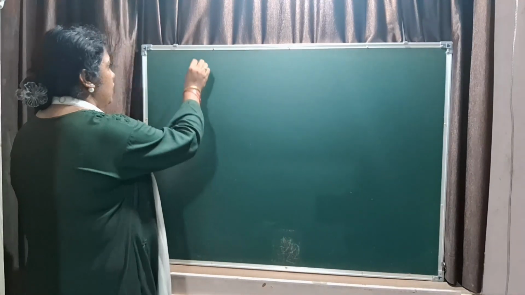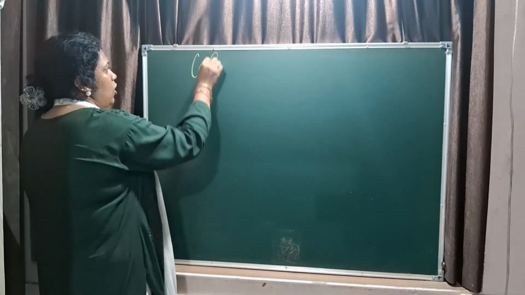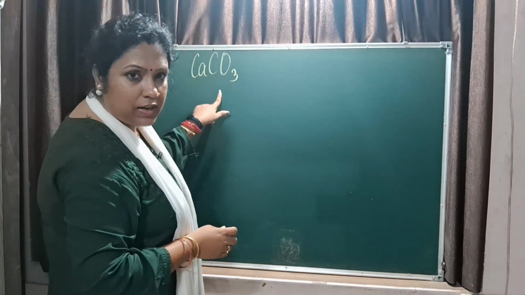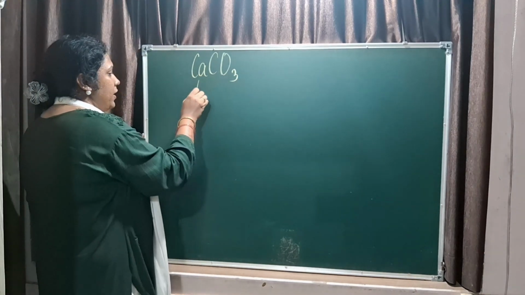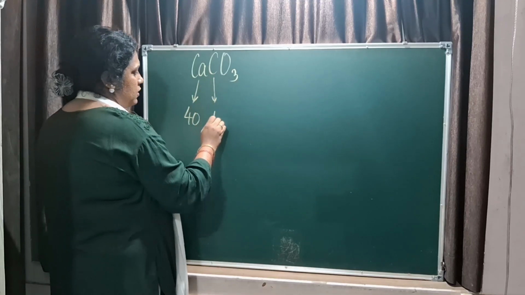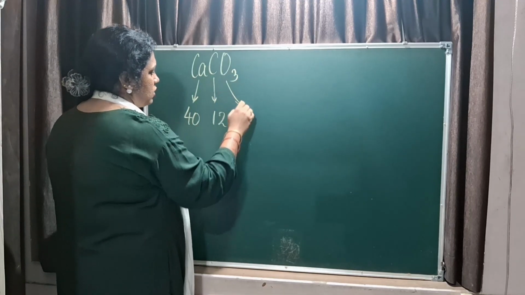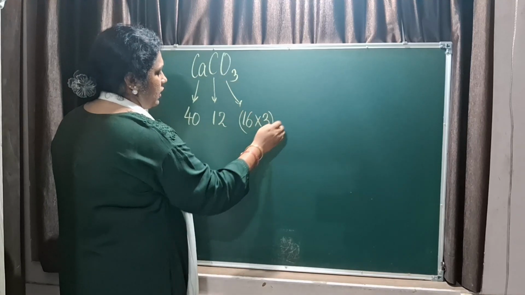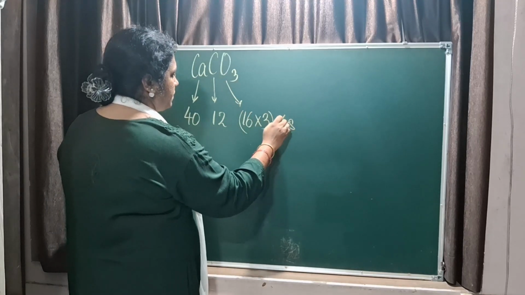For example, if you have a compound called calcium carbonate, you have to identify each atom and calculate its mass. Calcium mass is 40, carbon is 12, oxygen is 16 into 3, that is 48.